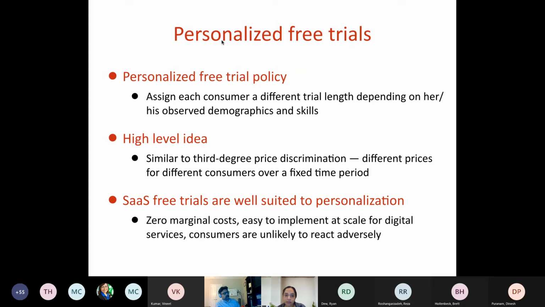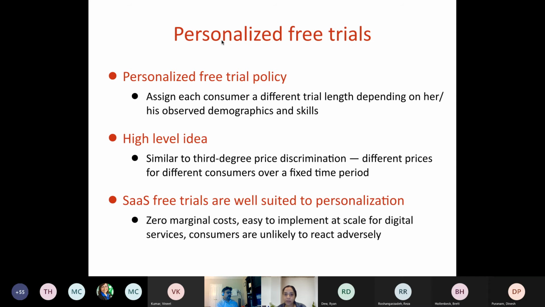Because if you really think about it, they're zero marginal cost. They're relatively easy to implement at scale, especially for digital services, and you're not going to upset customers too much. They might still get somewhat upset, but not to the extent if they got really different prices. So we would think that, practically, it seems like we can actually do this.